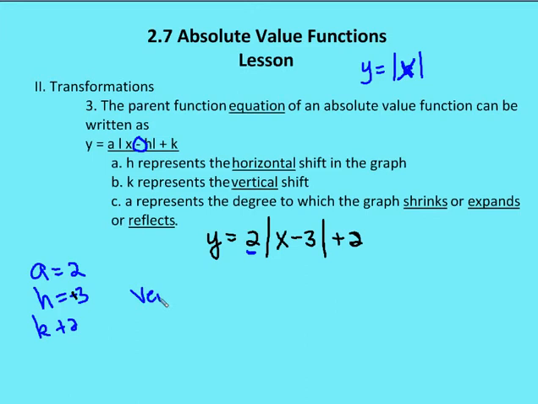The vertex is going to be equal to (h, k). So in this case, I have my h, it's 3, and my k, 2. My vertex is going to be (3, 2). All right, so the h value represents the horizontal shift in the graph. So I'm shifting it from (0, 0), which was my original vertex of my parent function.